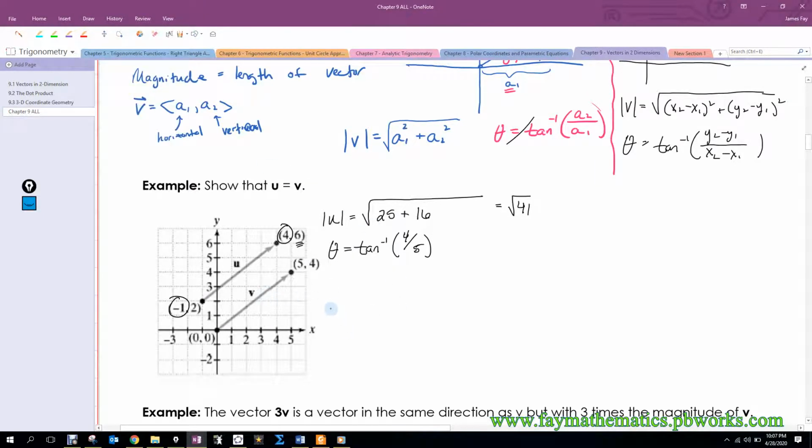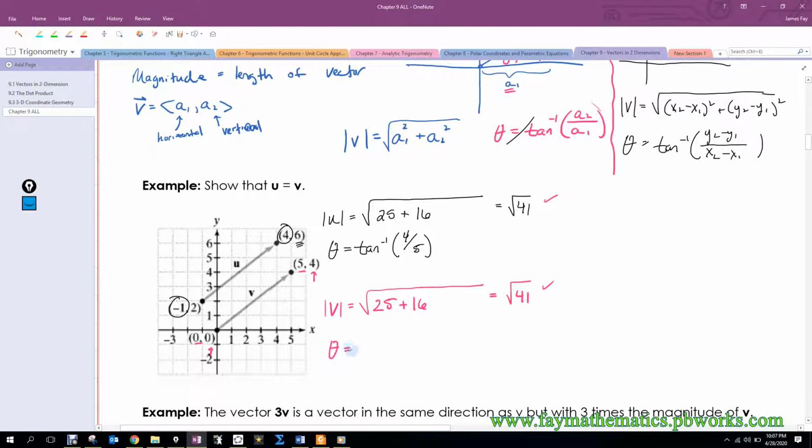So now I'm going to look at vector v. So now I'll take 5 minus 0, square that, gives me 25. Take 4 minus 0, square that, gives me 16. So I get root 41. Okay, that's not enough to say that the vectors are equal vectors. They're the same length, but we can have a lot of vectors of the same length that are not the same thing. I'll show you that here in a moment.